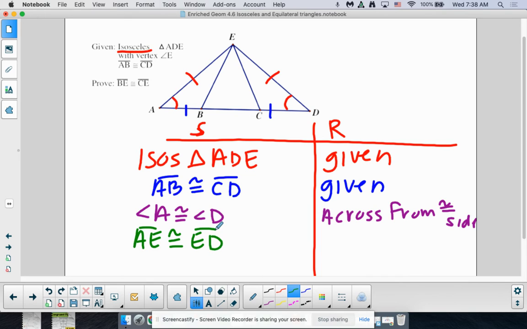And why is that true? Well, the definition of an isosceles triangle is two legs congruent, and there they are. So we'll just say definition of isosceles triangle.